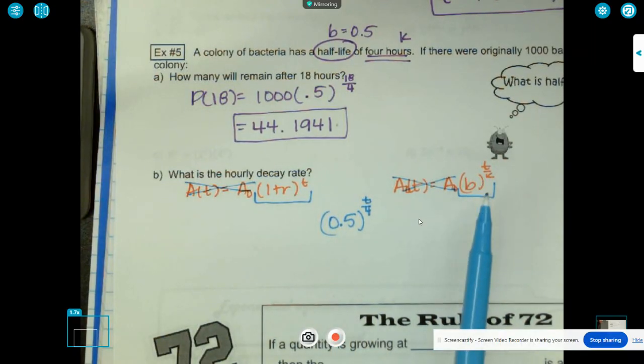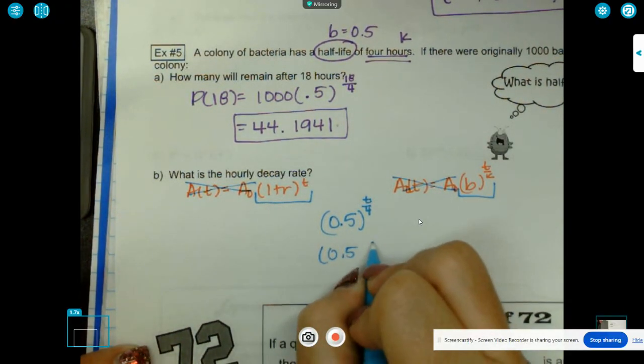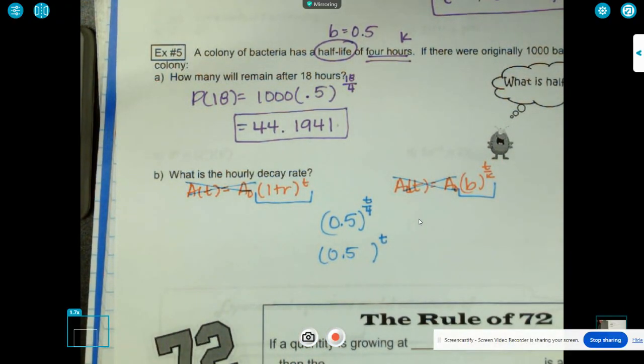The divide by k part, right? Well, how can I just have a t on the outside? So move the k to the outside of the bracket. Y'all remember this rule right here?